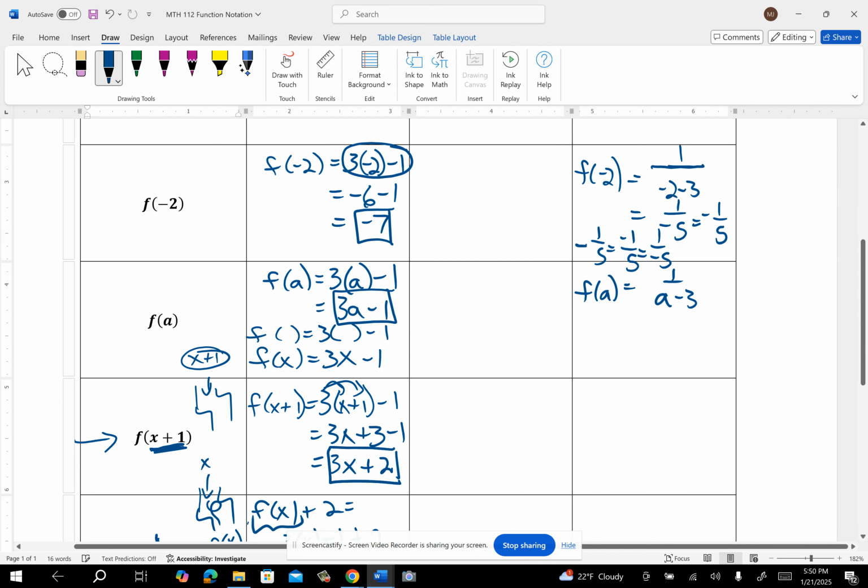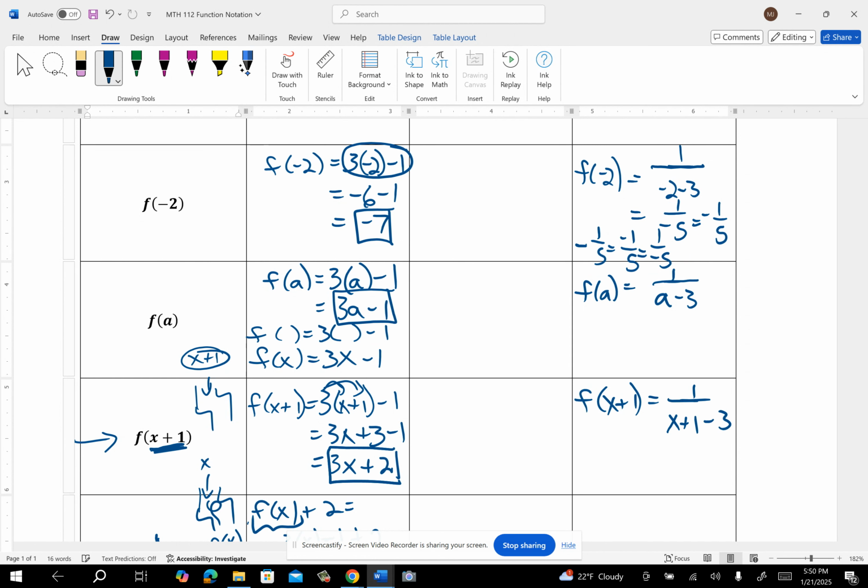Period. I can't do any more. If I wanted f of x plus 1, the function was 1 over my input minus 3. I can simplify the 1 minus 3, get 1 over x minus 2, but then that's as far as I can go. So that would be my answer to that one.